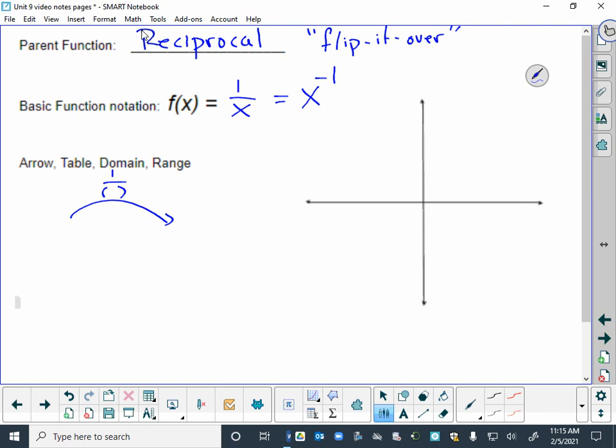Our key points, we want to know again about end behavior. So left-hand end behavior, and then we'll look at what happens at -1, what happens at 0, what happens at 1, and then the right-hand end behavior. You could fill in certainly with other ones, but these are the key ones to look for.